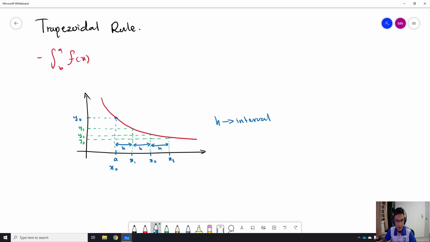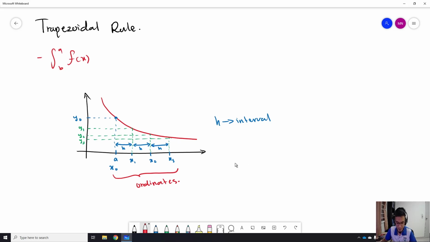Meanwhile, for x0, x1, x2, and x3, we call them the ordinates. For this graph we have 3 intervals, but for ordinates it has 4. So the ordinates will always have one value higher than the intervals.